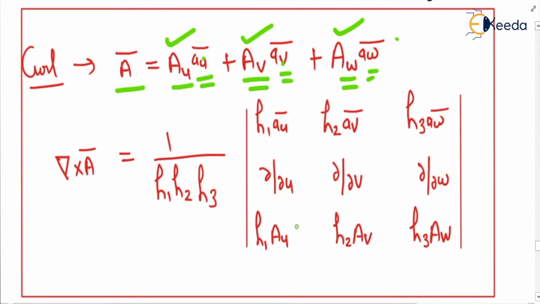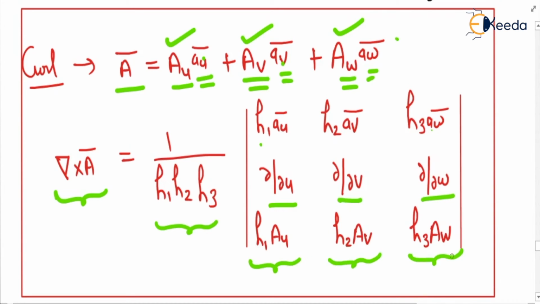So del cross A is 1 upon h1 h2 h3 times the determinant with rows h1 a_u, h2 a_v, h3 a_w; del over del u, del over del v, del over del w; and h1 A_u, h2 A_v, h3 A_w. This is the generalized formula. Based on it, we can determine the formula of curl in three coordinate systems.